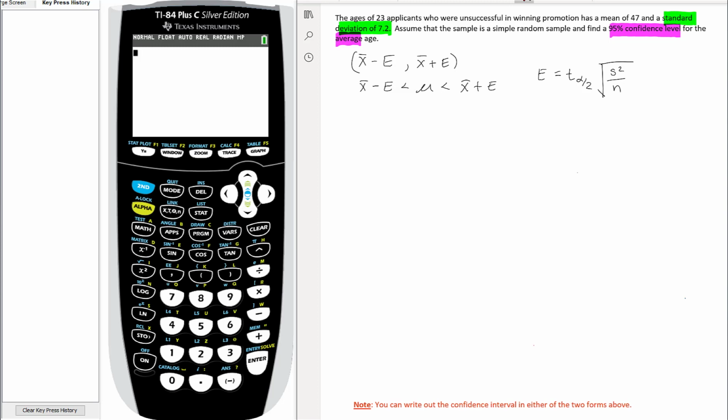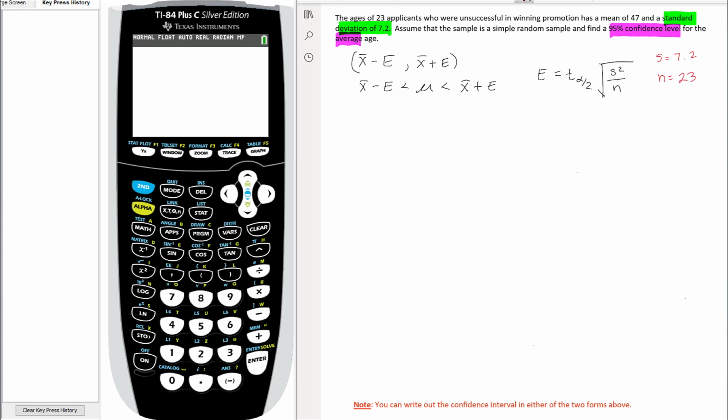So for example, in order to find this margin of error, I'm going to need s or s squared, which means sample variance. In this problem, they gave me sample standard deviation. So extract the s. s is equal to 7.2. And then n is equal to the sample size. n is equal to 23 because there's 23 applicants.